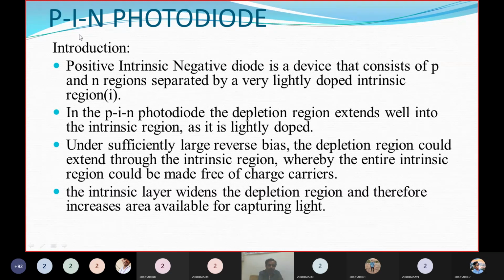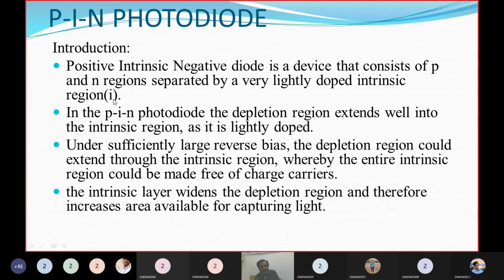P means positive, I means intrinsic, N means negative. So a PIN diode is a positive intrinsic negative diode, a device that consists of P and N regions separated by a very lightly doped intrinsic region.